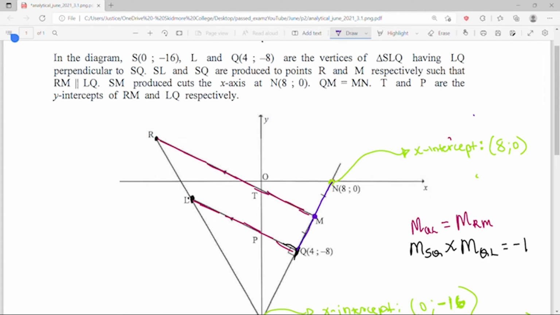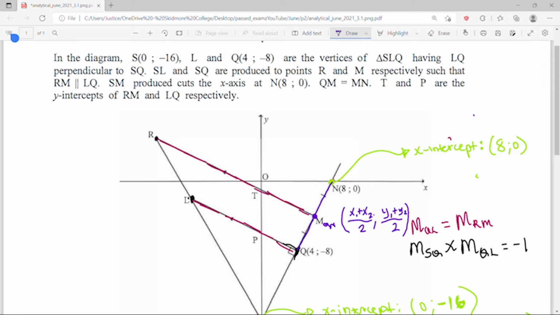So I'm going to say Q, and here, the midpoint of QN is going to be ((x1 + x2)/2, (y1 + y2)/2). Yes, it is getting messy because we are reading the statement and we're analyzing it and we're preparing to answer the questions, right?